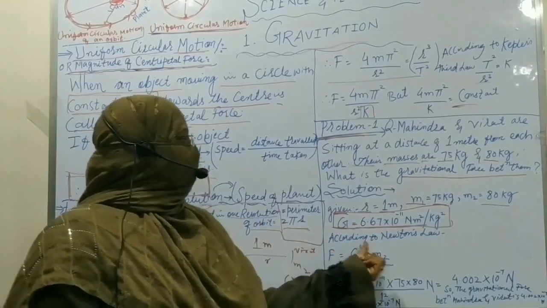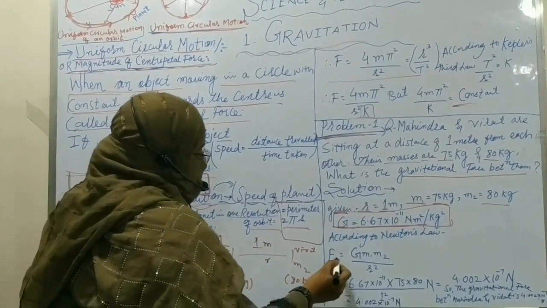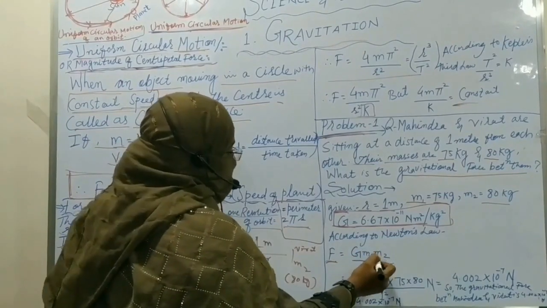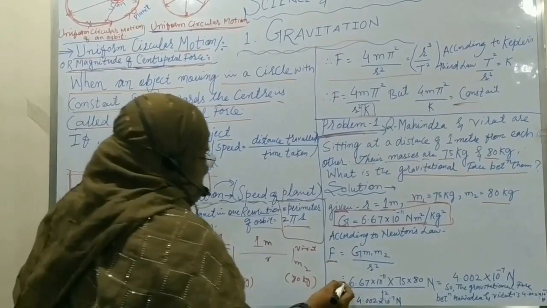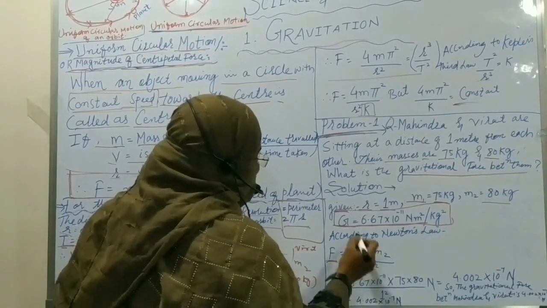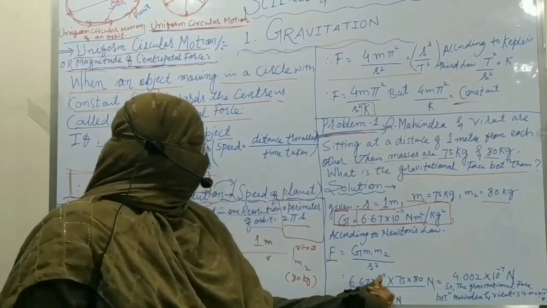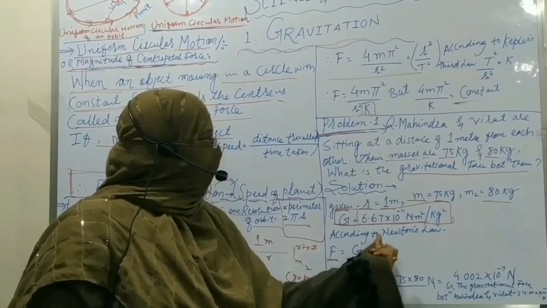According to Newton's law, the formula for the force is F is equal to G into M1 into M2 upon R square. By putting in values, F is equal to the value of G, which is 6.67 into 10 raised to minus 11, into M1. What is our M1?